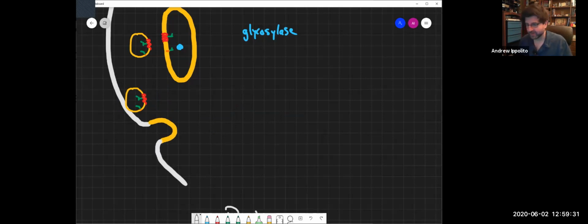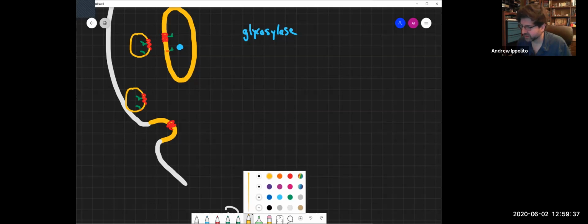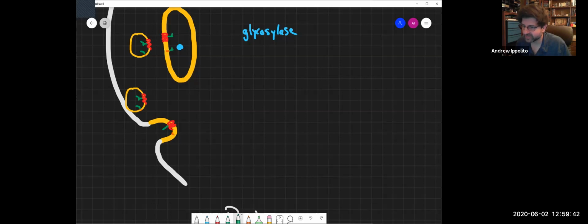Right? And the key is this protein and this little phospholipid that both have their sugars on them are now facing out, right?